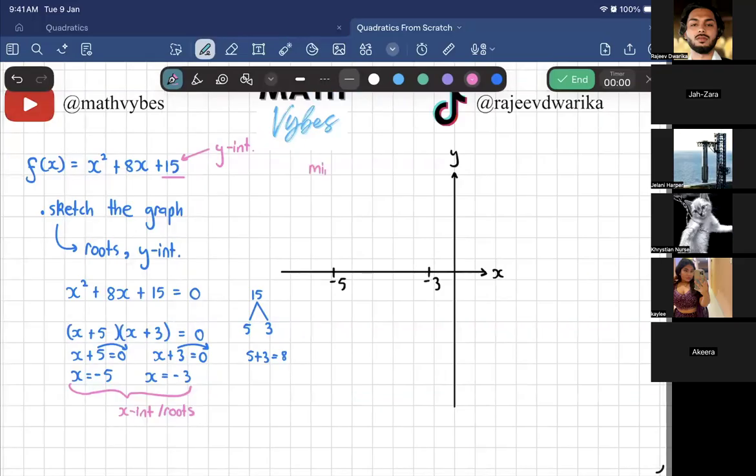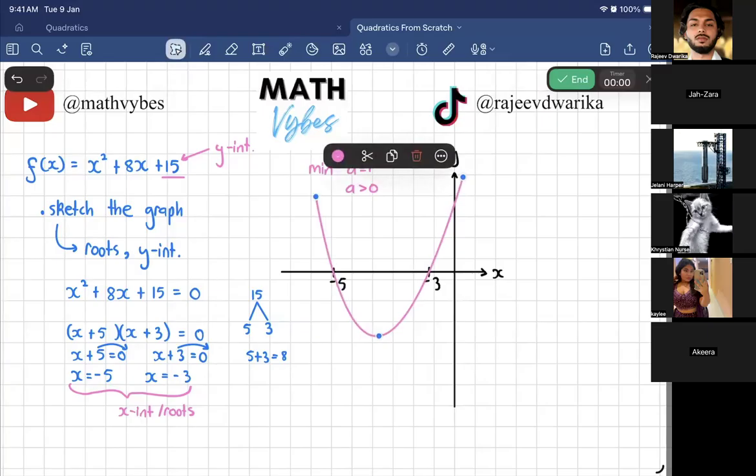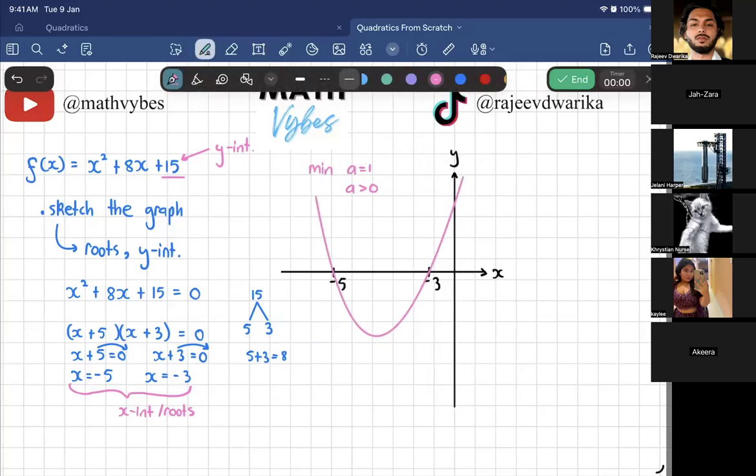It's a minimum because A is 1, and if A is 1, that means A is more than 0. Yes, sir. Nice. Cool. And I would just have to label this 15. All right, so we're feeling much better with quadratics.